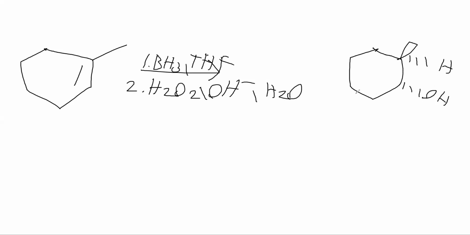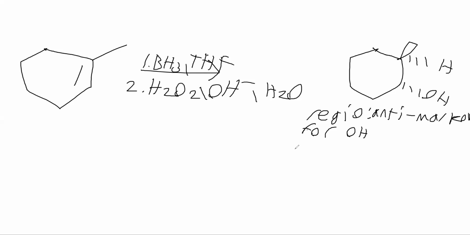So the OH is anti-Markovnikov, so the regioselectivity is anti-Markovnikov for OH because it was added to the less substituted spot. And then the stereoselectivity is syn or cis because the H that we added is cis to the alcohol we just added.